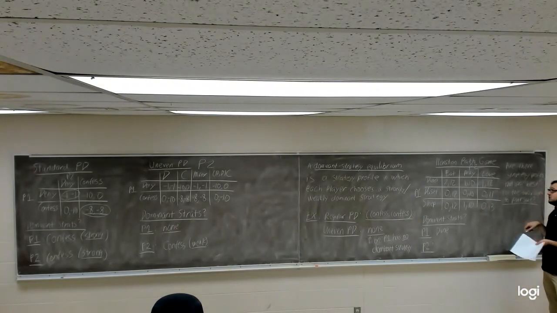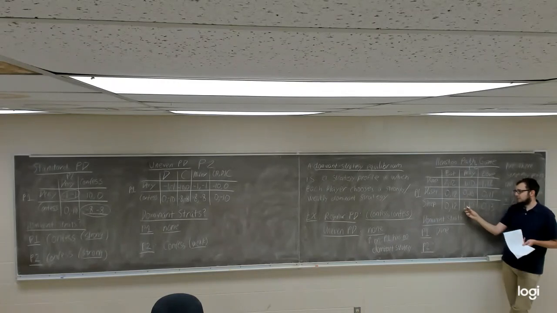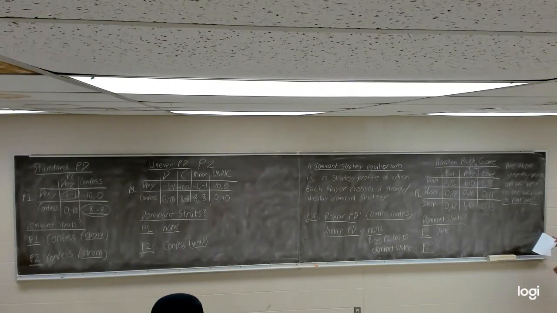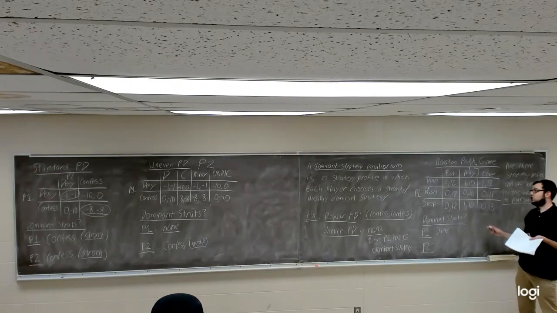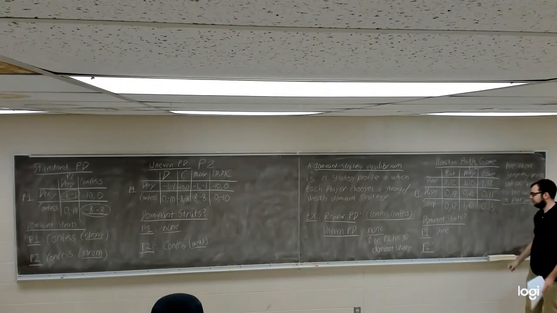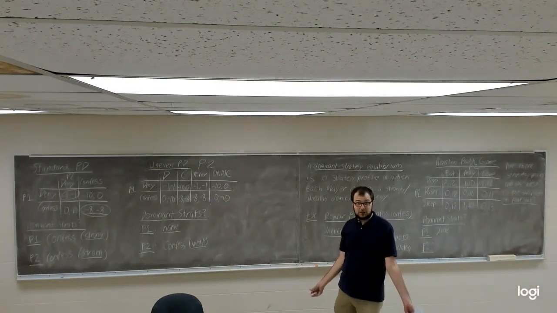If player 2 chooses pray, then dine gives a better payoff than dash, and the same payoff as sleep. And finally, if player 2 chooses love, then player 1 gets their strictly highest payoff by choosing dine, because 1 beats 0 and 0. So dine is a dominant strategy for player 1 in this game.